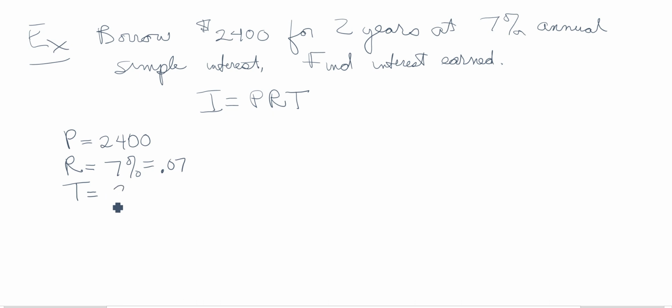T is my time in years, which is 2. So I get I equals 2,400 times 0.07 times 2. And using my calculator, I get $336.